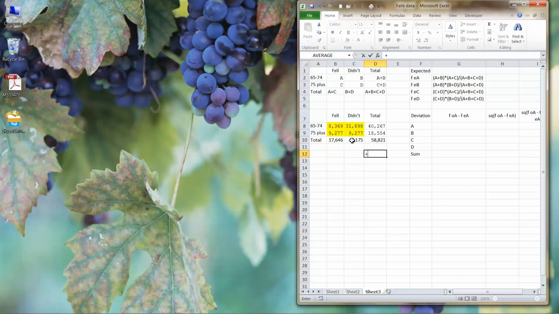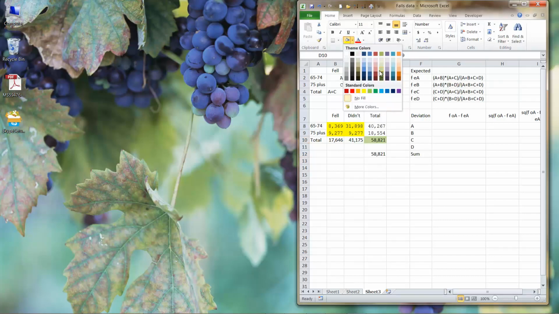If you want to do a double check, those who fell, those who didn't, same number. So mutually exclusive, collectively exhaustive, and here's our total, 58,821. Now, what are our marginal probabilities?